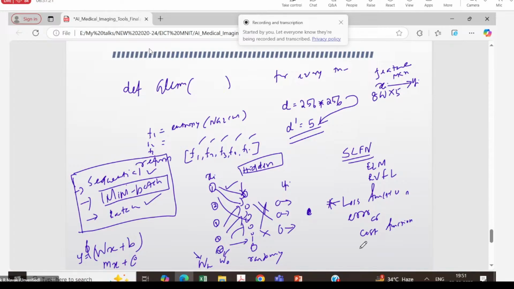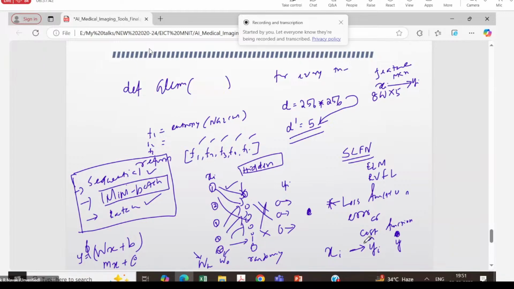So for every xi, you are getting something called yi cap, which is the predicted value from the model. And there is also a y given to us. This y is the target value, and it is purely supervised.